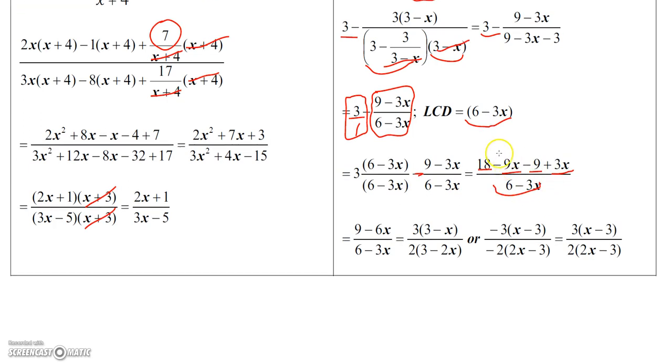Okay, let's wrap this up. 18 minus 9 is 9, and minus 9x plus 3x is minus 6x. So what I have here is 9 minus 6x over 6 minus 3x. And I went ahead and factored out the common factor of 3 here. And when I factor a 3 out of here, I get 3 minus 2x.